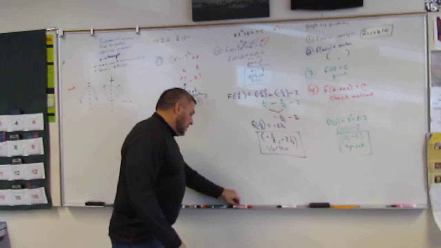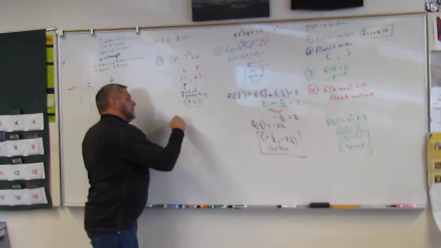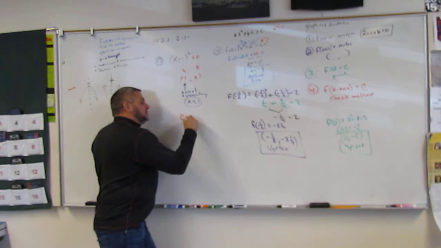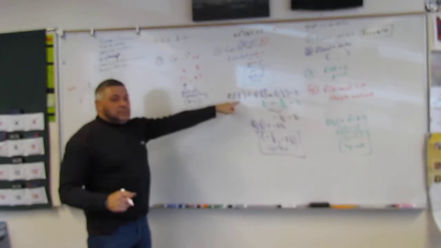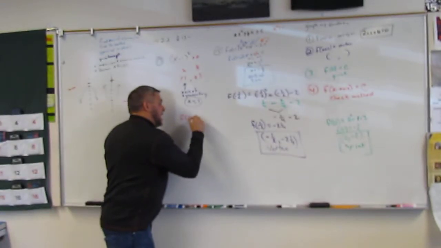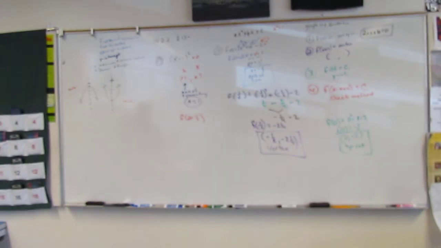So the last one is we're taking the function of 2 times the axis. Now what's the axis? How much is the axis of symmetry? Negative 1/2, sorry. So what's negative 1/2 times 2?